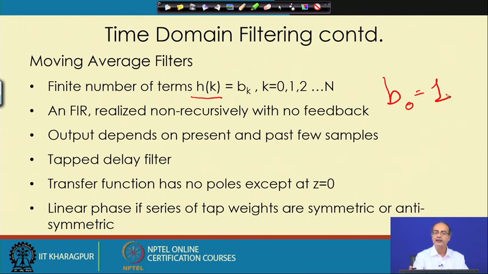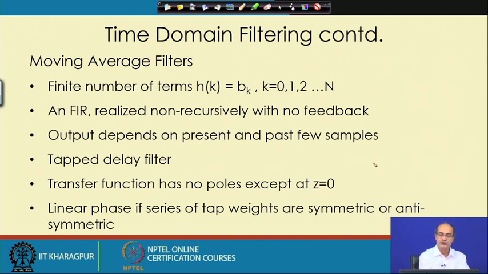And how does that help? Because it is an FIR filter, we need not worry about the stability of the filter. Any filter we choose is inherently stable. So filter design is much easier, and in this case the output depends on the present and past few values.